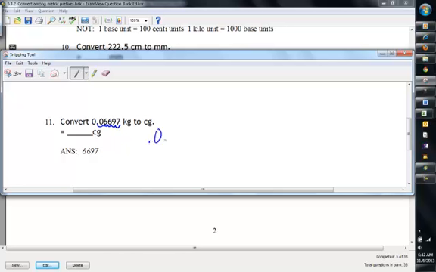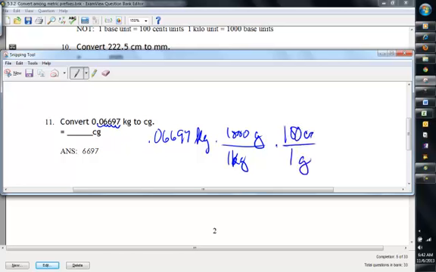Or we could do the 0.06697 kilograms times 1 kilogram is 1,000 grams times 1 gram is 100 centigrams.